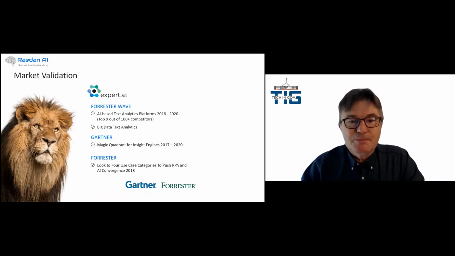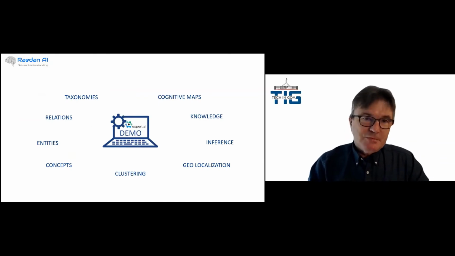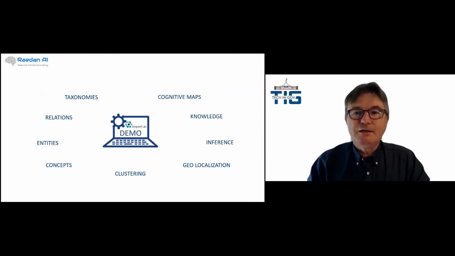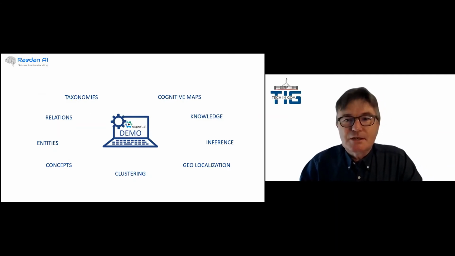It's in the top 9 or 10 text analytics and insight engines, and it's extensively used in Europe and America. So what I thought now is I'll give you a quick demonstration of expert.ai and just show you the basic technology that comes with it.